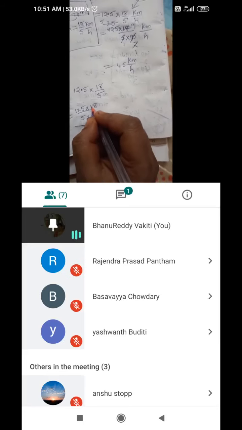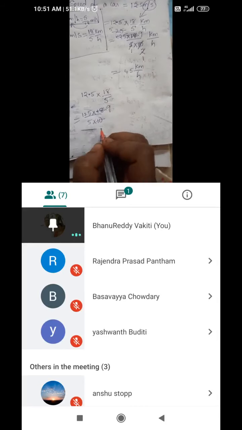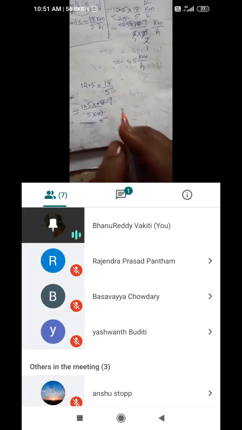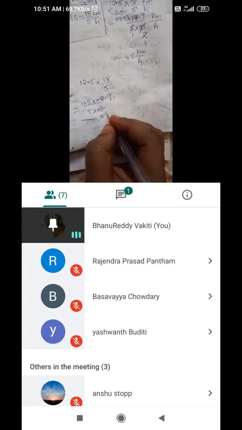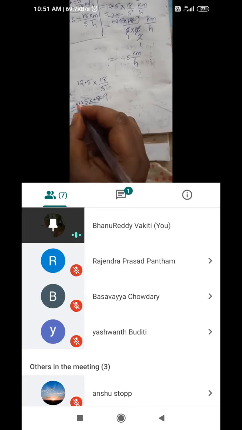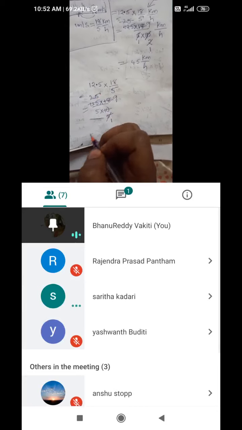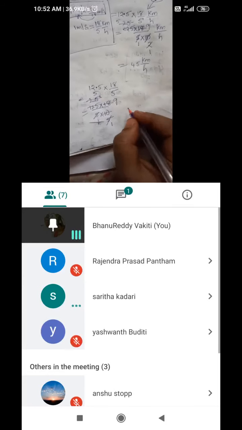Here first, two table like this also we can do. 2 nines are 18, 2 fives are 10. Next 5 ones are 5, 5 twos are 10, 5 fives are 25. And next 5 ones are 5, 5 fives are 25. 9 fives are 45 we will get.